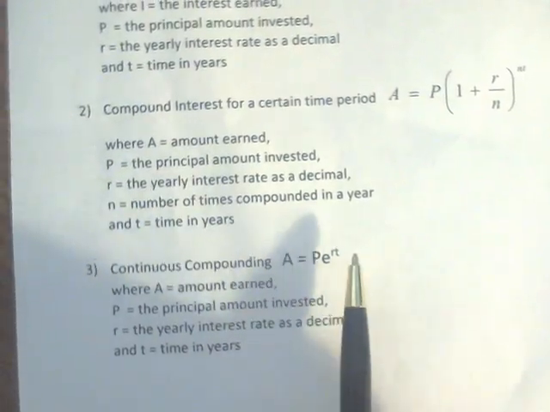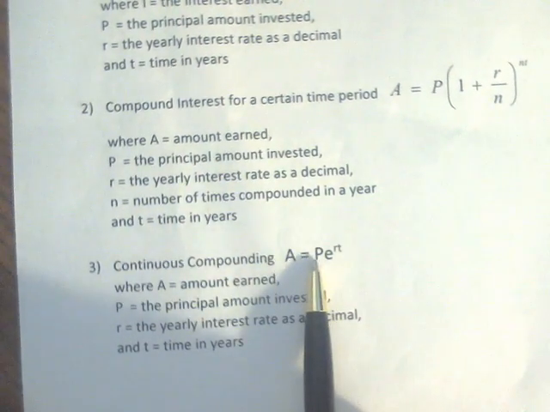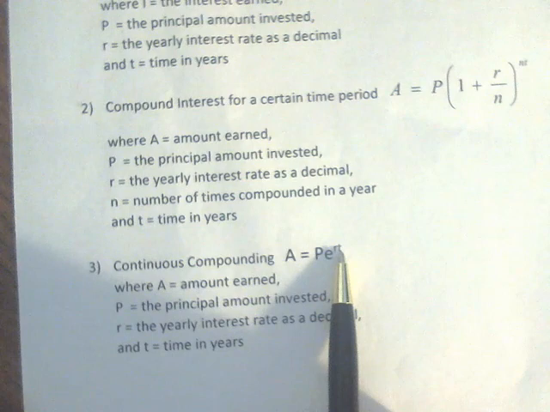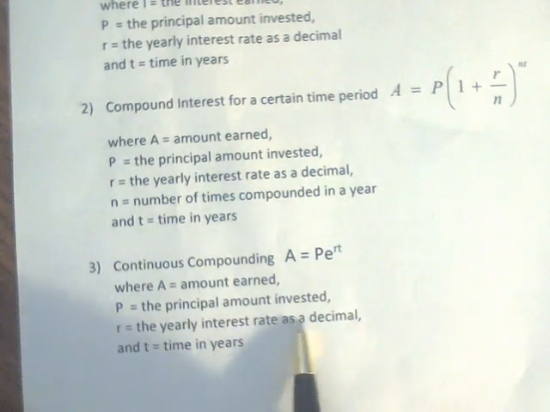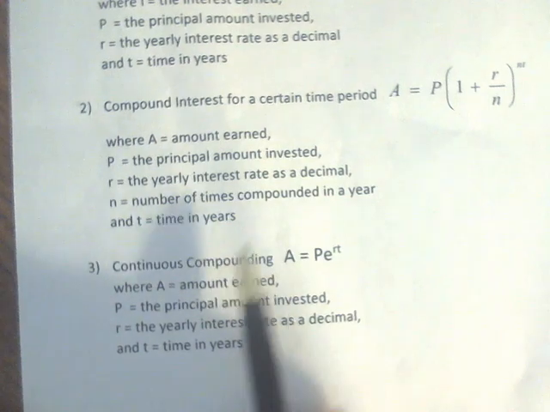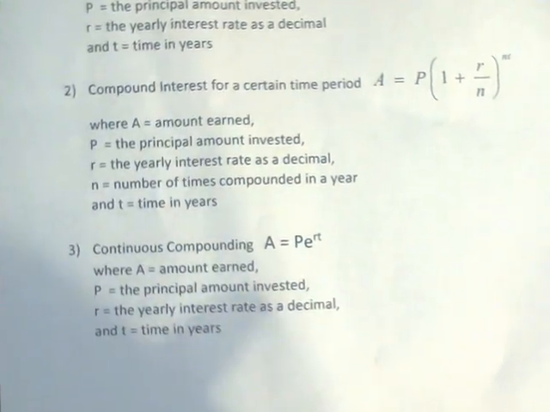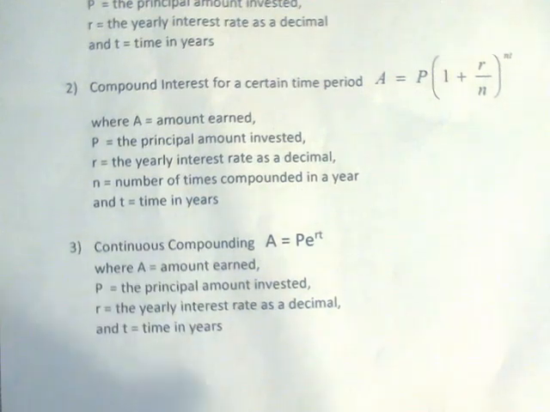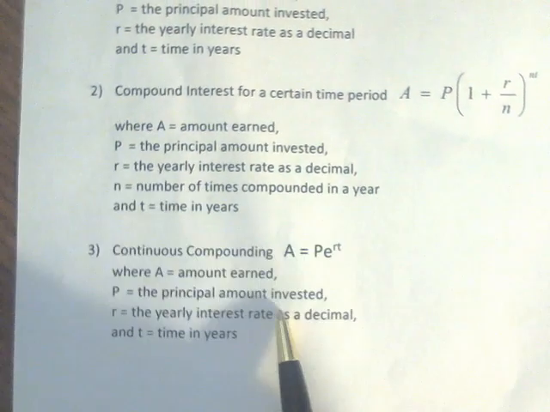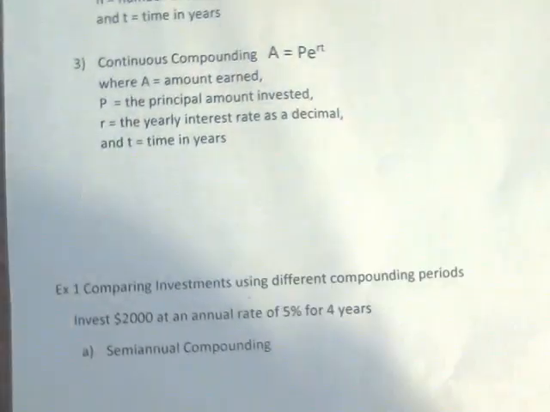Now, continuous compounding is the amount is your principal times E raised to the RT, where R is your yearly interest rate as a decimal and T is your time in years. So we're going to look at calculating with both formulas, using the time periods and the continuous compounding, among other things. So let's just look at an example, and get your calculator handy as well.